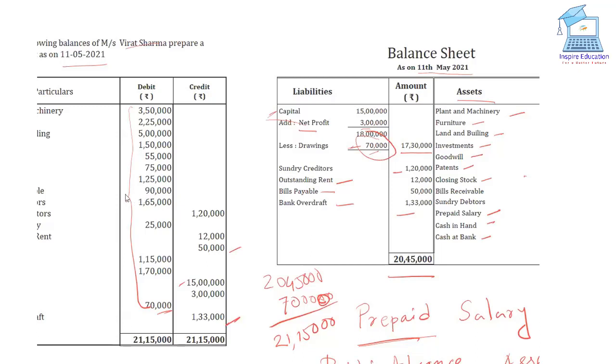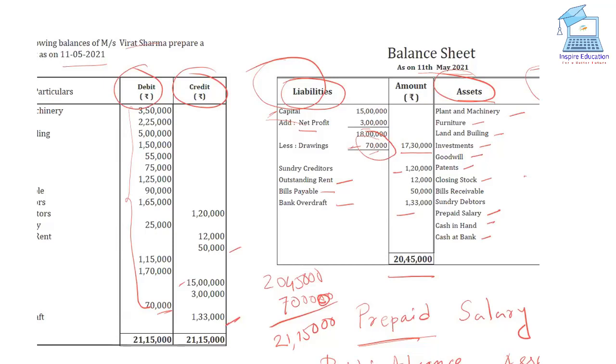No. You are mistaking actually. This is the debit side. This is the credit side. This one is not the account. This is the liability side, and this one is the asset side.